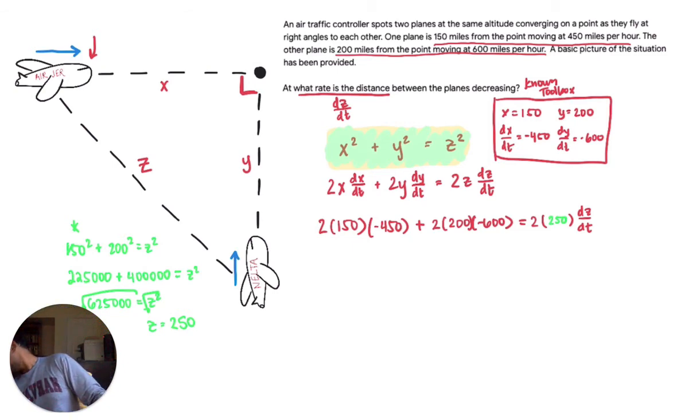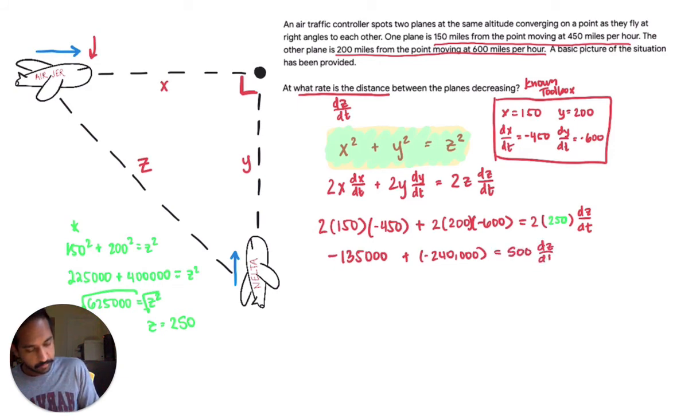Let me grab my calculator. 2 times 150 times negative 450 is negative 135,000 plus 2 times 200 times negative 600 is negative 240,000 equals 500 dz dt, because that's what we're trying to solve for.